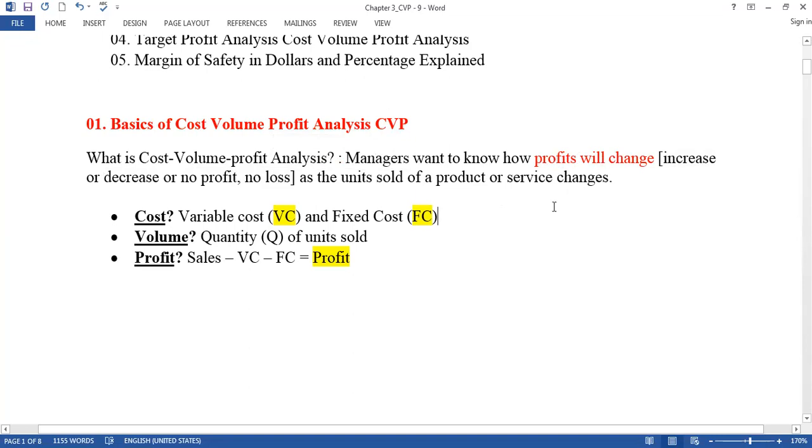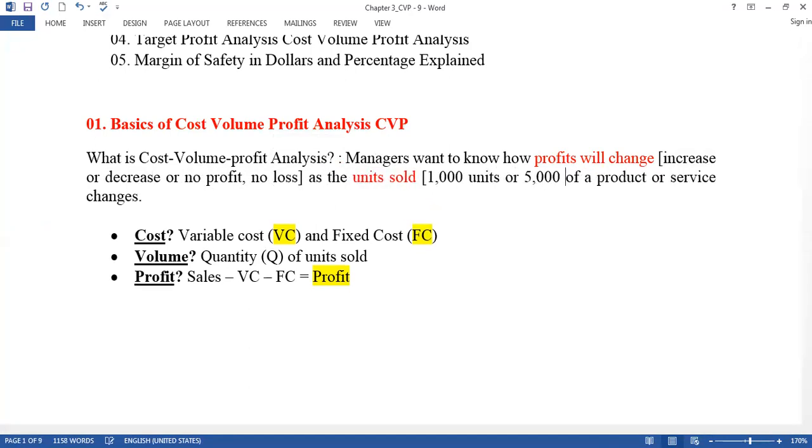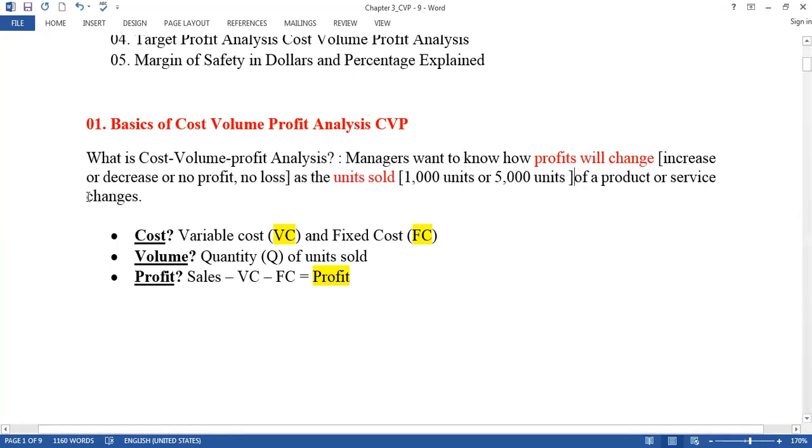This kind of profit is related to units sold. Sometimes you may sell 1,000 units, or sometimes you can sell 5,000 units. That means units sold is changing. Sometimes we find that if we sell more units, we may have more profit, or if we sell fewer units, we may have less profit.